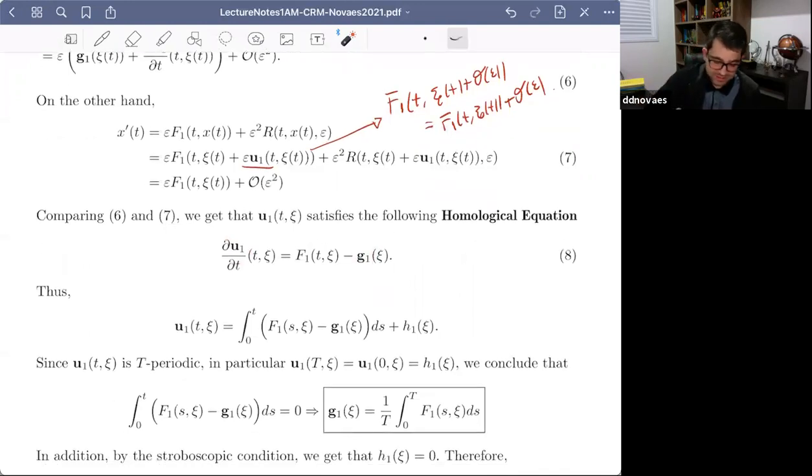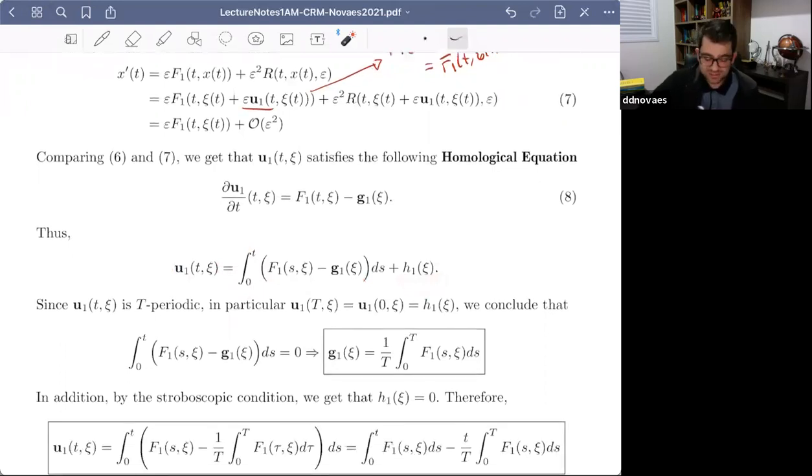Okay, so in this case, just for the first one, we can integrate this homological equation and conclude that u1 is equal to the integral between 0 and t of this difference plus a function which does not depend on t. It just depends on c. And for averaging, we do not assume the stroboscopic condition; it is exactly this kind of function that breaks the uniqueness of the possibility for u and g.